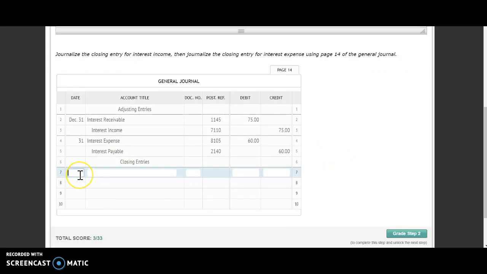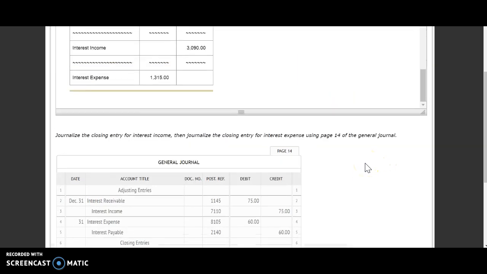Let's start with my date. I can just put in 31. In this case, I'm going to debit my interest income, and I'm going to credit income summary. So I need to figure out how much. For my interest income, I have a credit balance of $3,090.